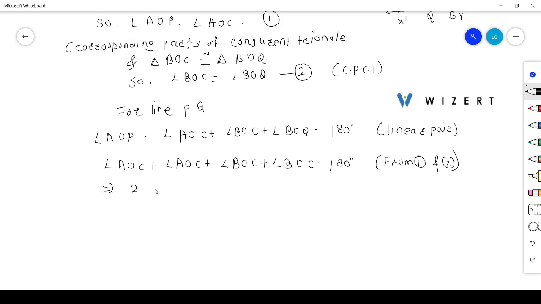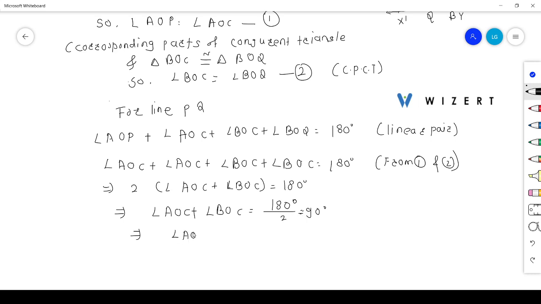So 2 times (angle AOC plus angle BOC) equals 180 degrees. So angle AOC plus angle BOC equals 180 degrees divided by 2, which means 90 degrees. That is, angle AOB equals 90 degrees.